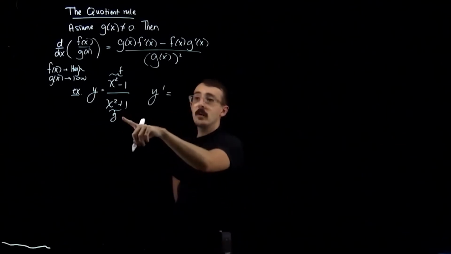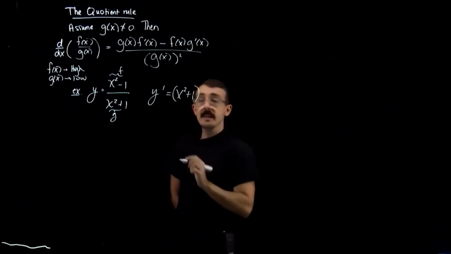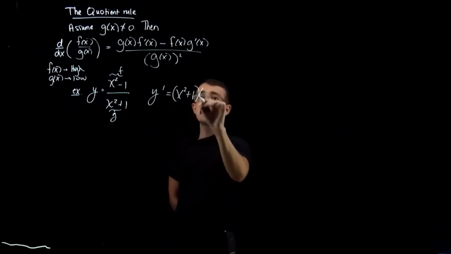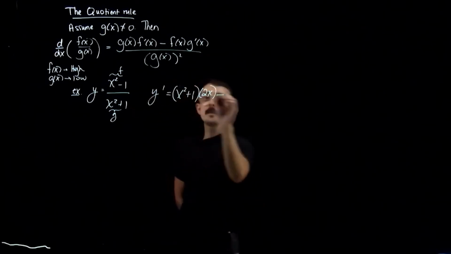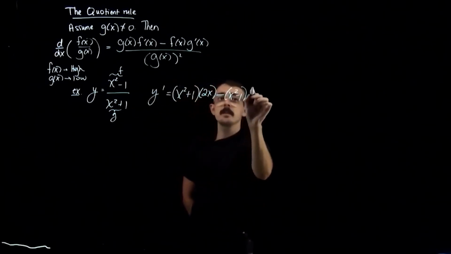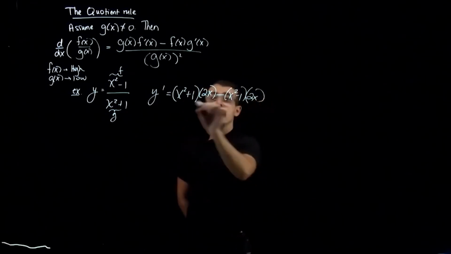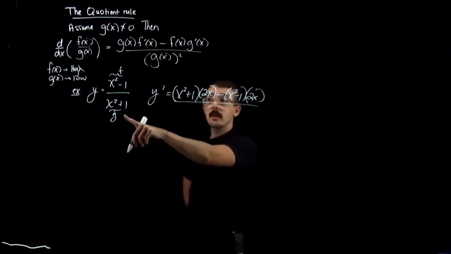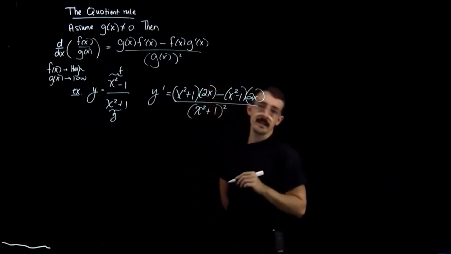You write low first, which is g, low. And then d high is the derivative of the top, which is 2x, minus then high, which is x squared minus 1, d low, which is 2x again, and then all over low squared, which is x squared plus 1 all squared like that.